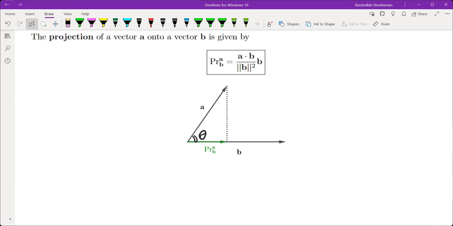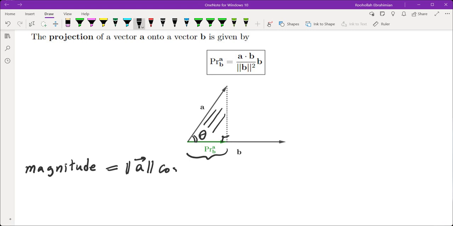What is the magnitude of this projection? If you look at this right triangle here, because this is adjacent, it would be magnitude of A times cosine of theta. Now, if you recall, the formula for the dot product, which is what we just talked about, is the product of the magnitudes times cosine of theta.